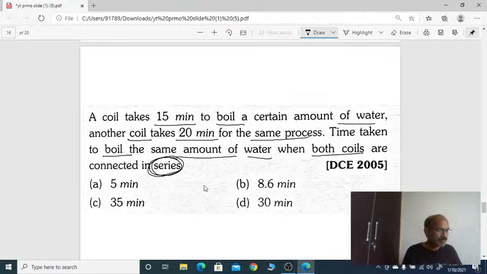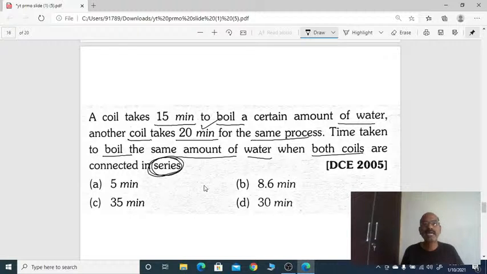Clearly try to understand the question first. Now, how much time will it take? 5 minutes, 8.6 minutes, 30 minutes, 35 minutes.